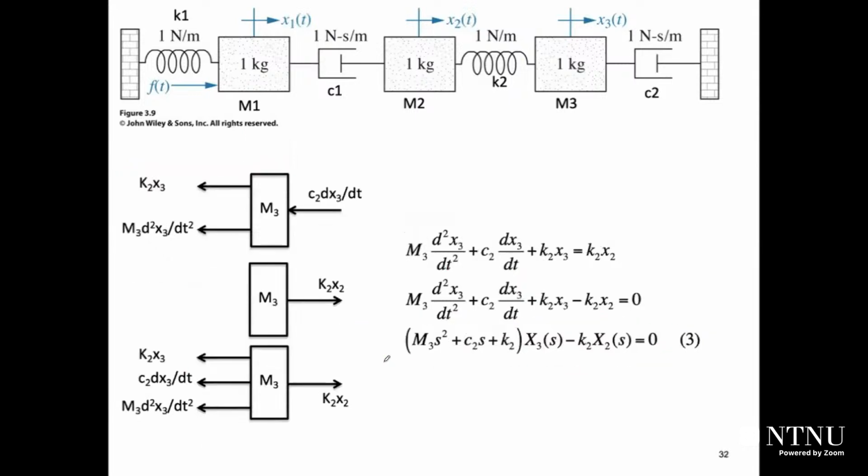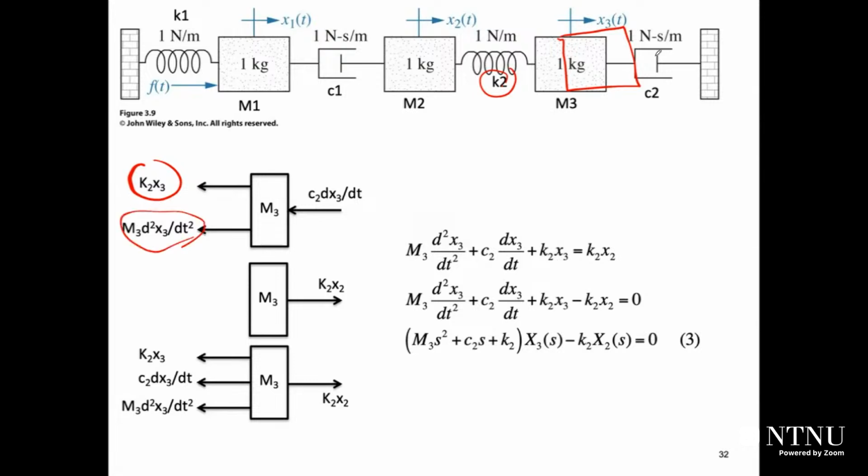We will do the same for m3. In the case of m3, we will hold m2 because it's not connected anyway with m1. So just hold m2 and move m3 to the right. What will happen? When you try to move m3 to the right, this spring will generate an opposing force, k2 multiplied by x3. m3 will generate a force proportional to the acceleration of m3, so it will be m3 multiplied by x3 double dot.